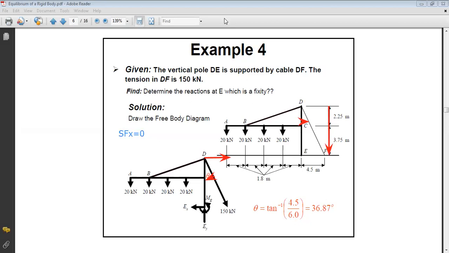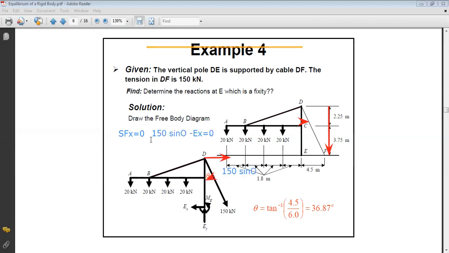Okay, so we can find the angle. Once we find the angle, we can say that the projection along x is 150 sine theta. Okay, so when we write sum of x equals 0, we have 150 sine theta minus Ex equals to 0. Okay, this is our first equation.